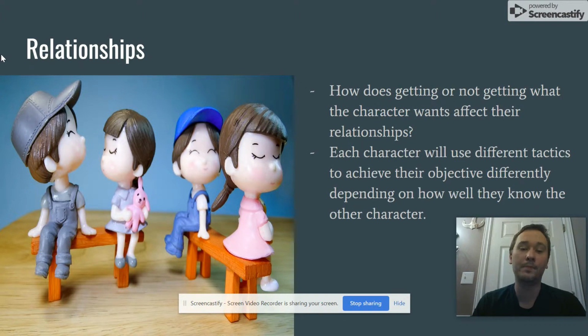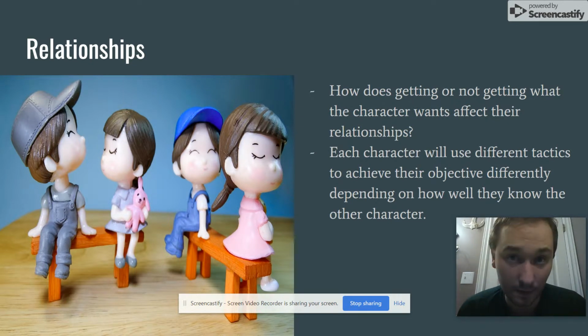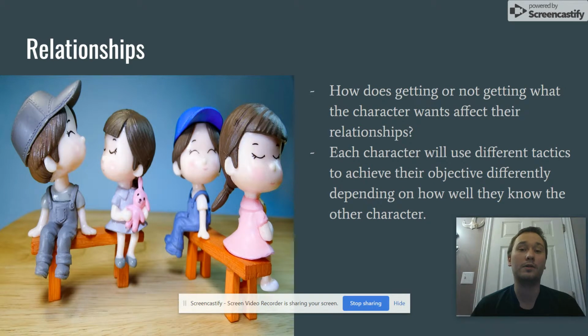Relationships. Characters, depending on their personality, use different tactics to get their objective. However, they will also use different tactics depending on who they are talking to. So if your objective requires you to get something from someone you know, you will use different tactics because you know this character or person.